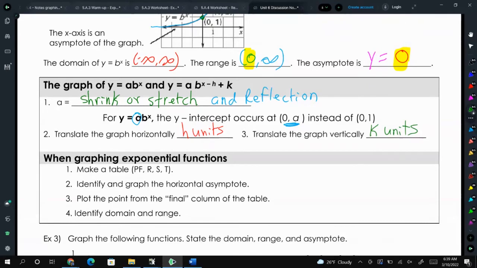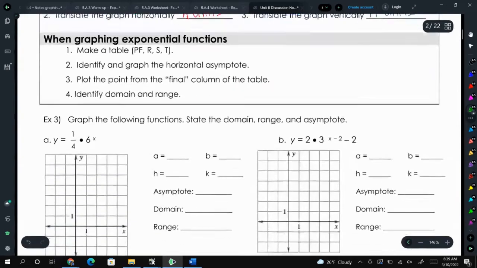So we're going to graph these somewhat similar to the radical functions where we made the table and then that third row. But our y values are going to be a little bit different. In the cube root graph or table, for example, we always started with the same x and y coordinates, and then we multiplied by a. Here, we're going to start with the same x coordinates always, but the y's will depend on our b value, or our growth rate.